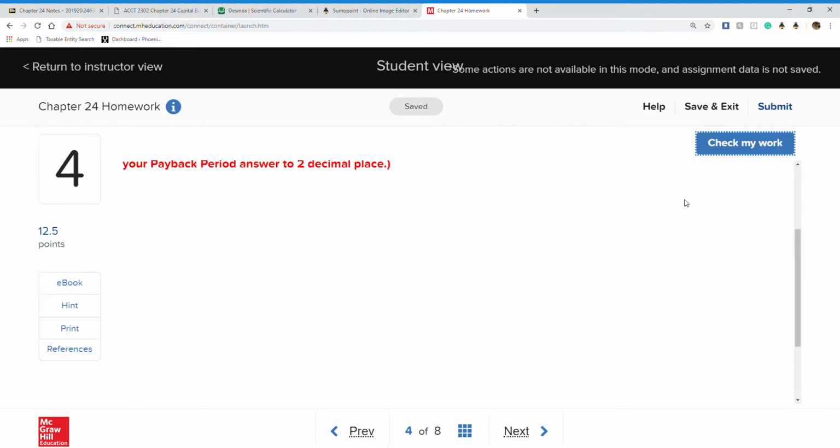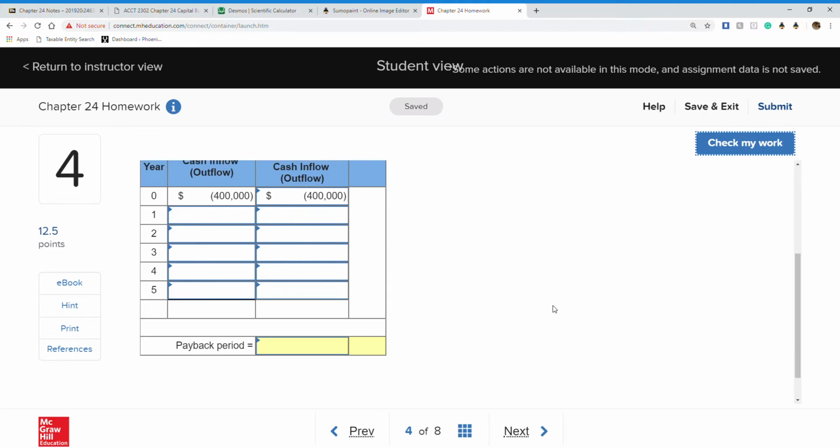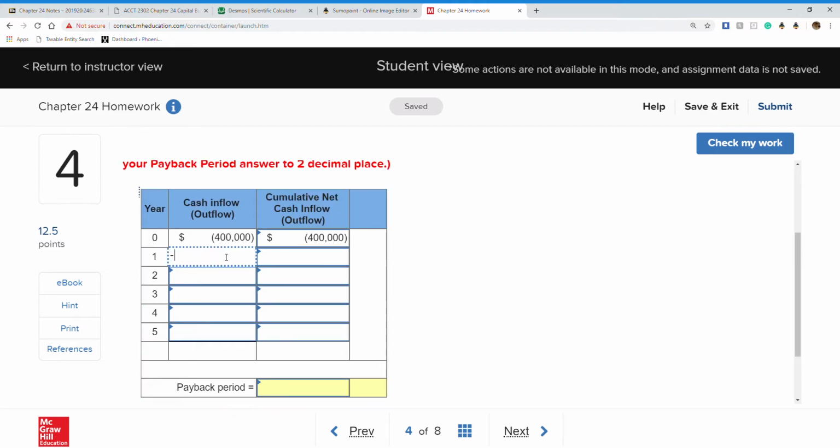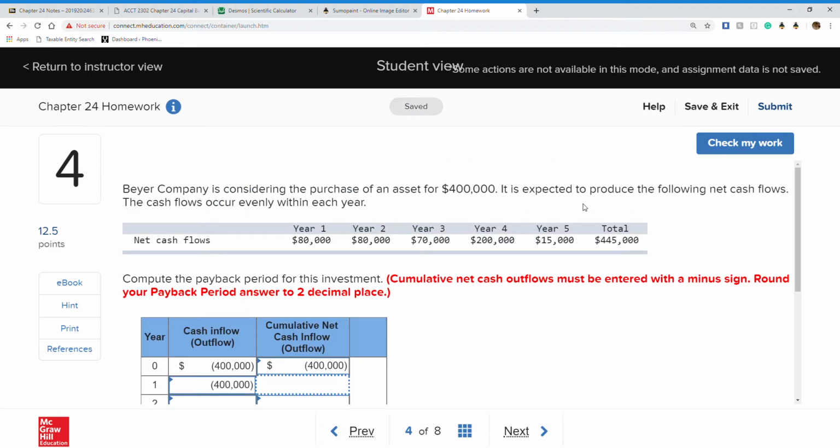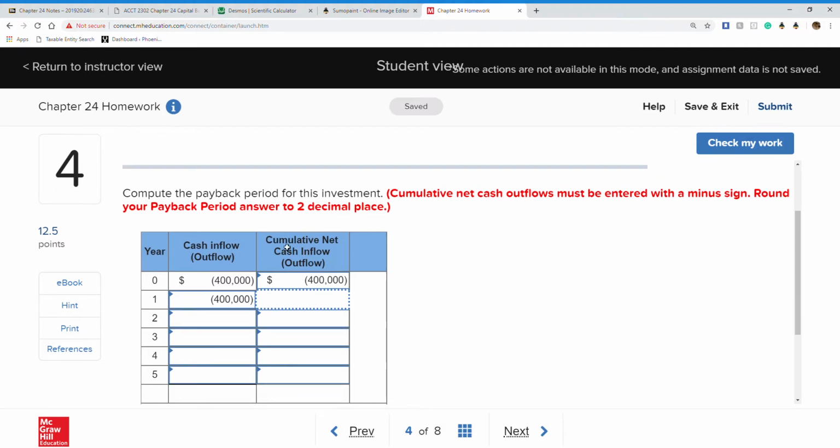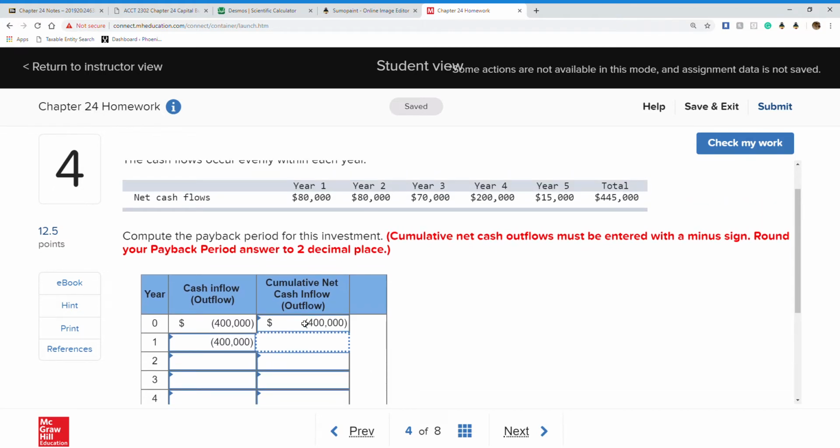So that's correct. Year 1. Take the negative 400, and the cash flow is going to change. And we're going to add this 80,000 to it. So if you need to use the calculator, that's cool. But it's probably going to be 320,000.